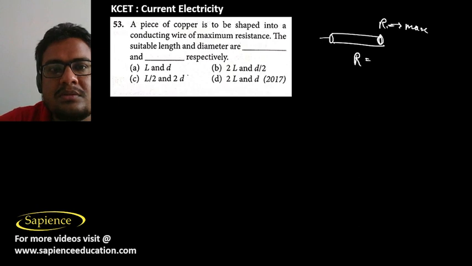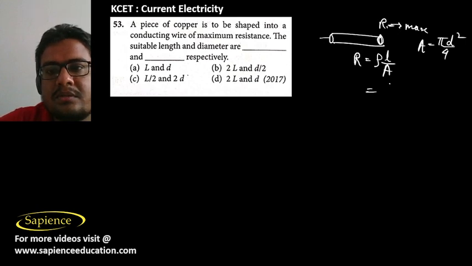So the resistance is rho L by A. A piece of copper, so the volume is constant actually. Area is pi d square by 4.